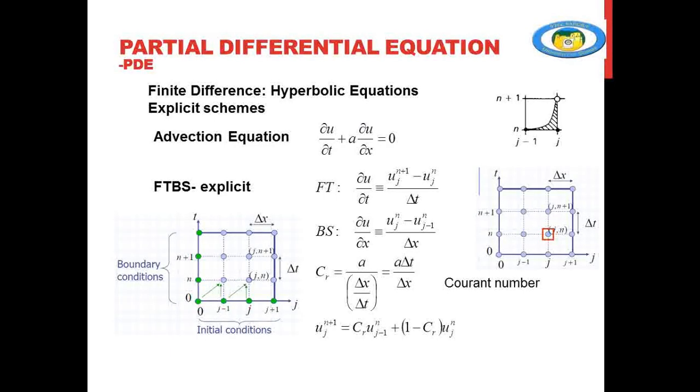Essentially, you can see in this advection scheme, when the Courant number is equal to 1, then this equation would show you u j n plus 1 is equal to u j minus 1 n, which is the magnitude and shape of the variable won't change.